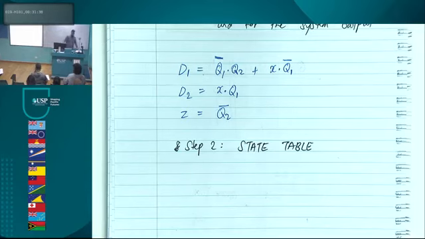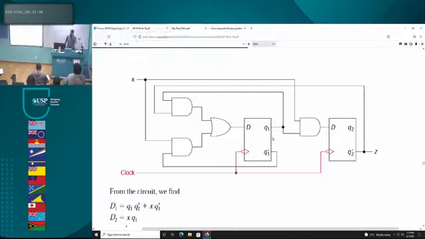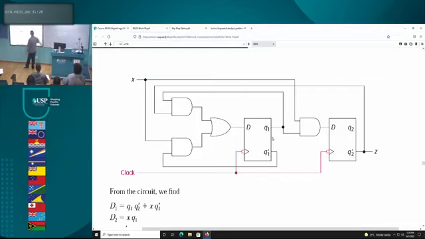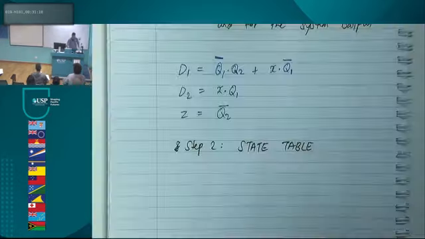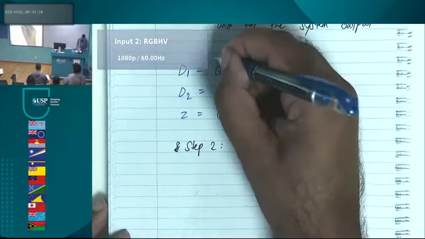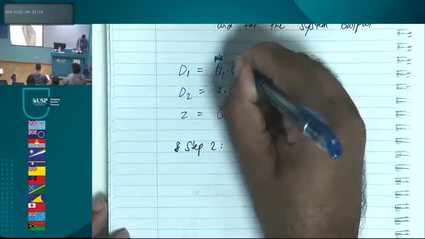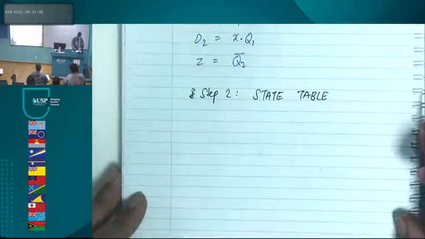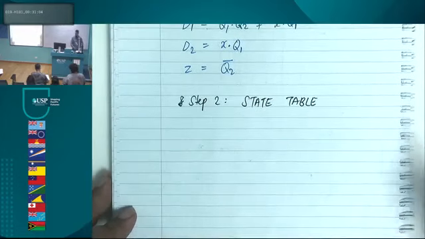D1 is Q2 bar, sorry. All right, state table. Let's draw the state table. Can I fit it in here? Yes, I can.